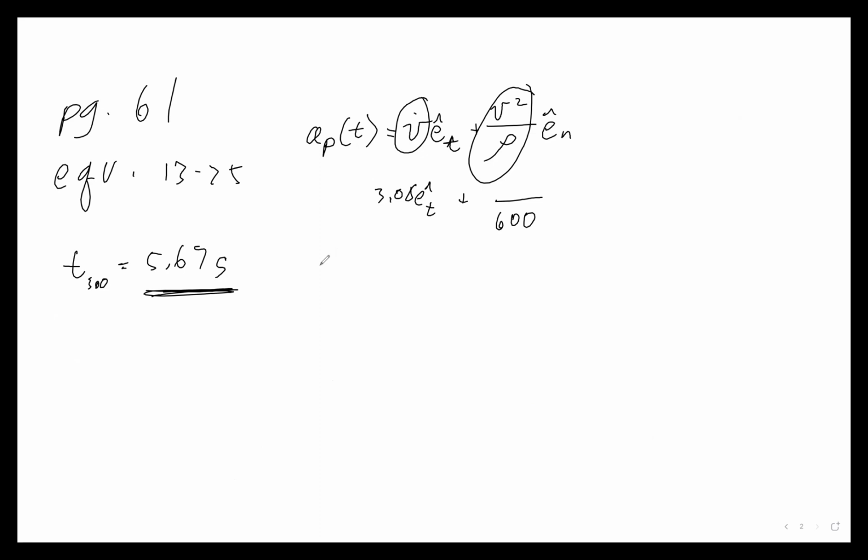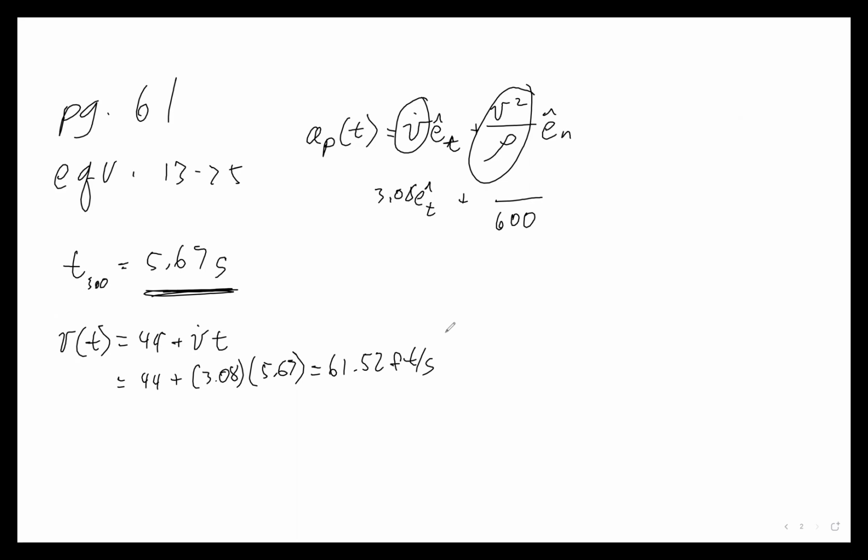If we take the velocity function, which is 44 plus v dot t, and v dot is 3.08, and the time at 300 feet is 5.67 seconds, then the velocity at that particular time is 61.52 feet per second.